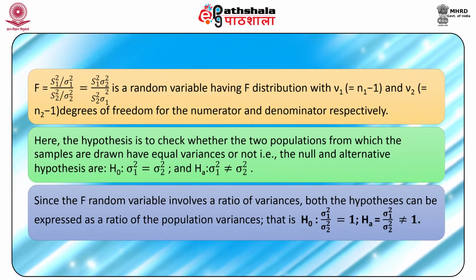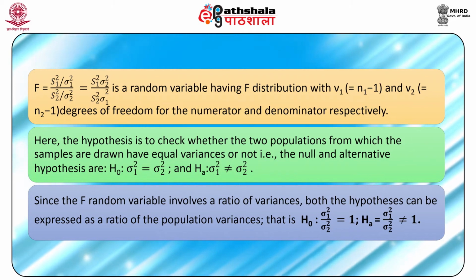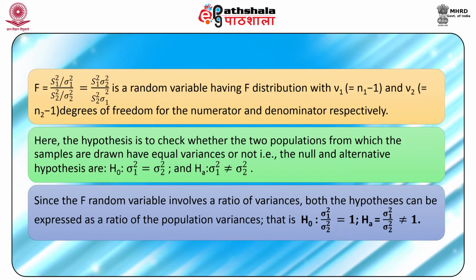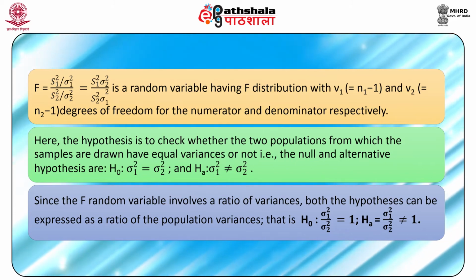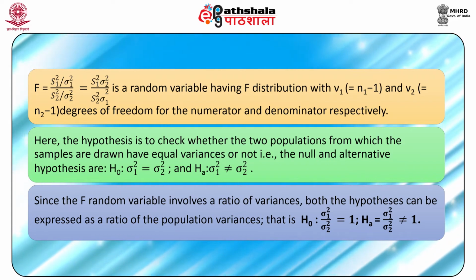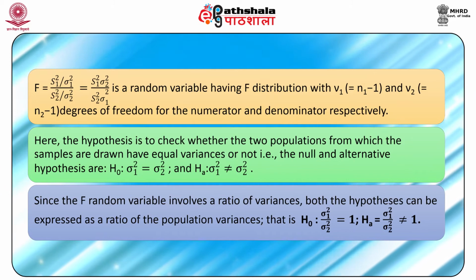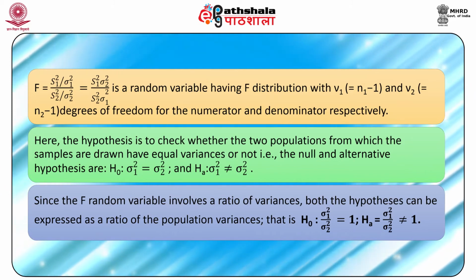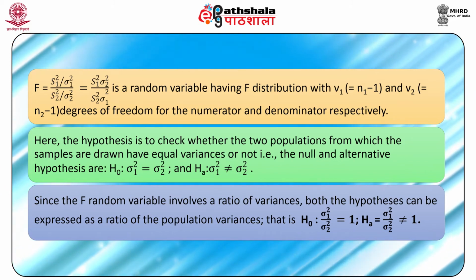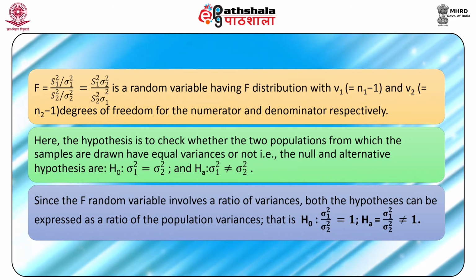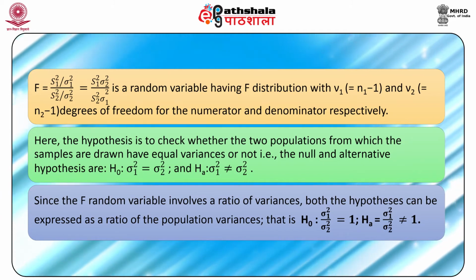Now, since the F random variable involves a ratio of variances, both the hypotheses can be expressed as a ratio of the population variances. That is, we can write H naught: sigma 1 square upon sigma 2 square equal to 1. And the alternative hypothesis can be written as sigma 1 square upon sigma 2 square is not equal to 1.